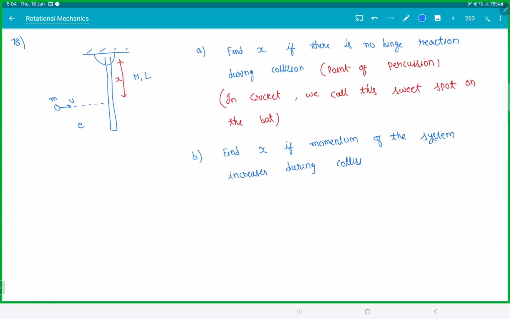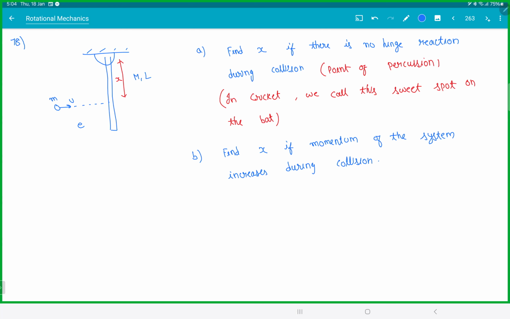Let's do the A part first. Find x if the hinge reaction is 0.